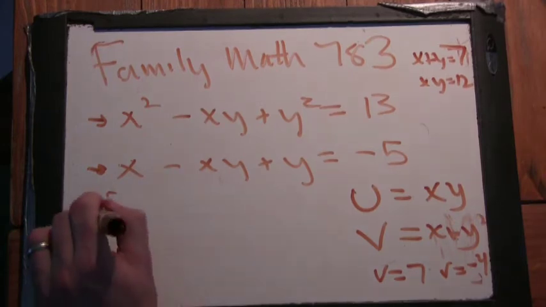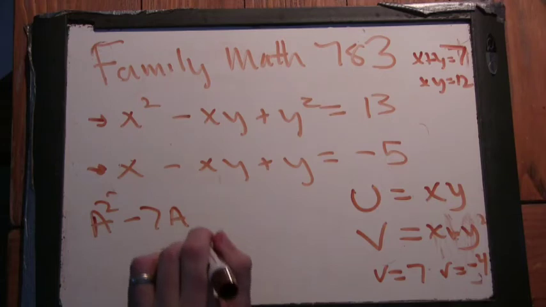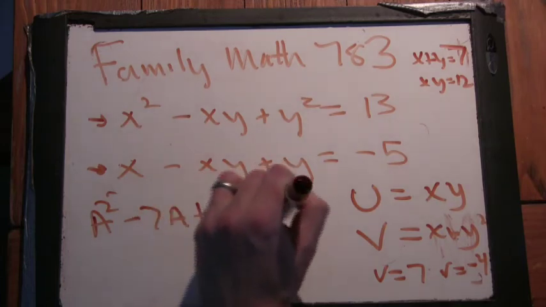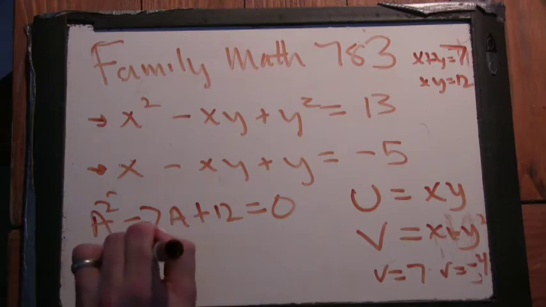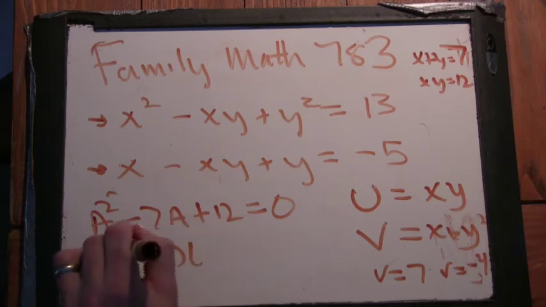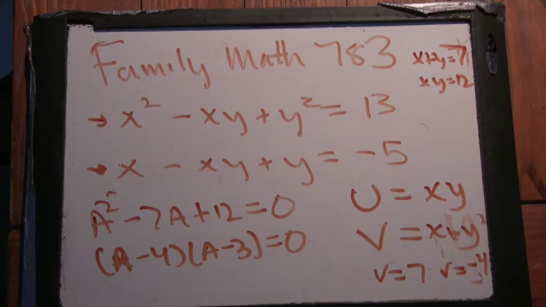A squared minus 7a plus 12 because of the sum and product. Okay. So then this factors, this is a minus 4 times a minus 3. Okay. So those are our x and y's, 3 and 4.